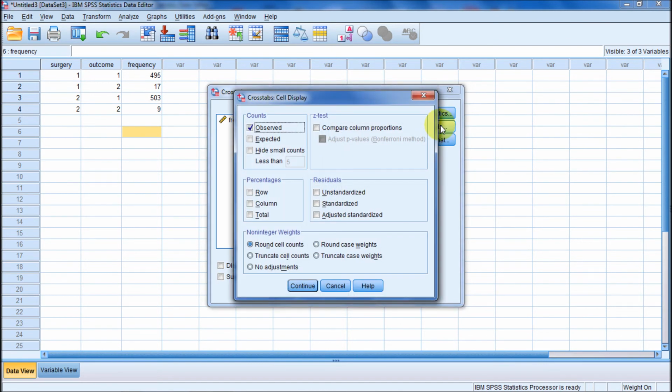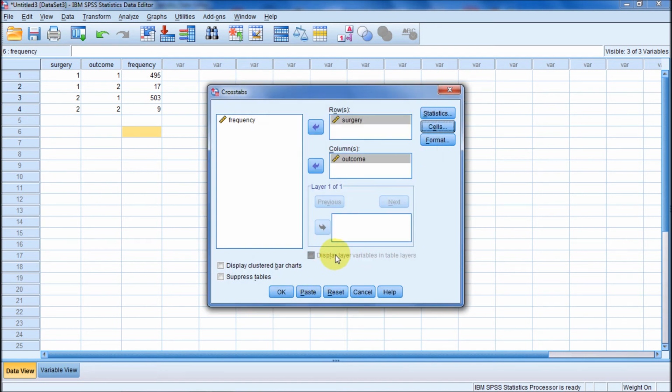Here in cells, we can get the observed cell frequency. If you'll look in the book in chapter 15, you can read about what observed means, what expected means. We can get percentages for columns and rows, which are kind of useful, actually. And so we'll put expected here just because it's in the book also. Okay, and then we'll go to continue, and then we'll go to OK.